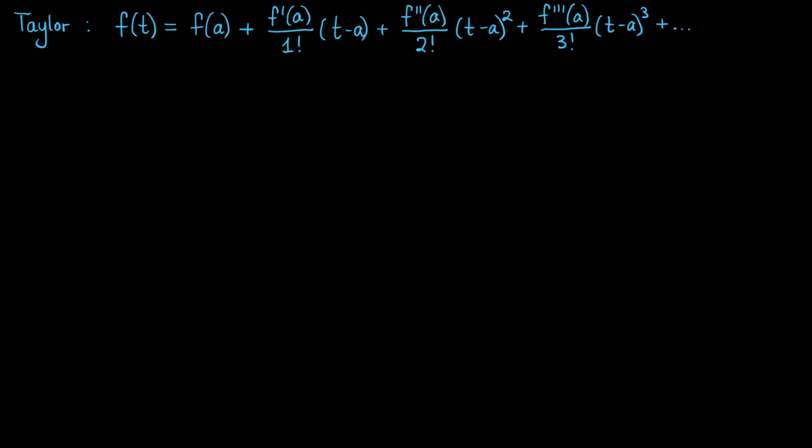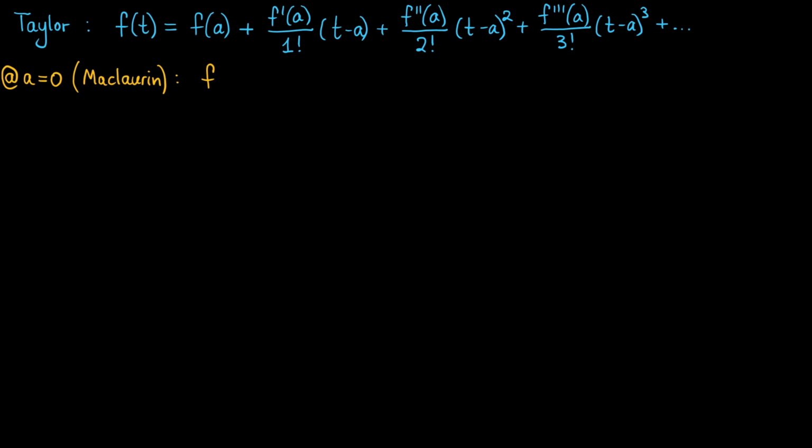And if we just took the value of a to be 0, then that expansion has a separate name known as the Maclaurin.